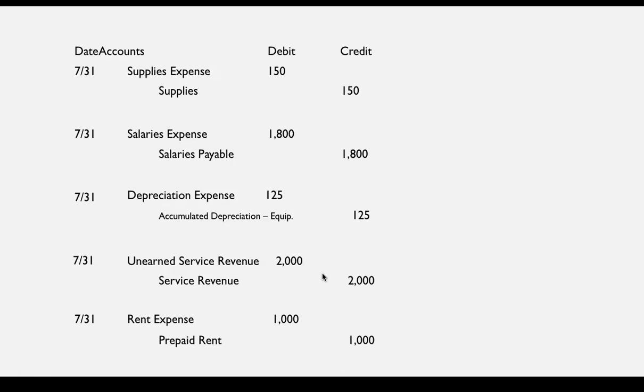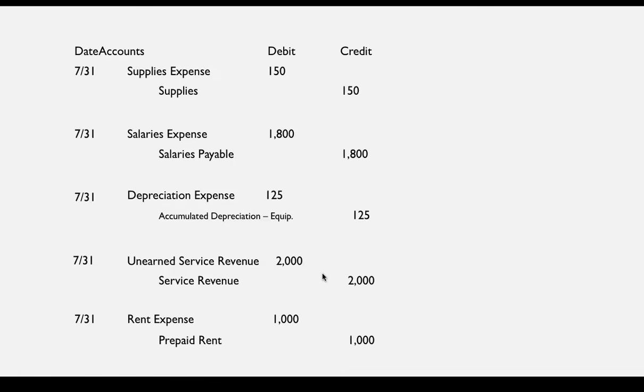So if you go through and find each of those, you'll see your supplies should now be at $350. Your prepaid rent should now be down to $5,000 because we used up some of that prepaid rent. Your unearned service revenue decreased. That's now down to $8,000.